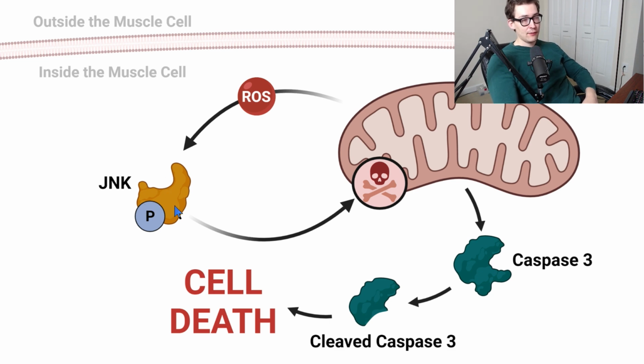And when it's activated, then it leads to a series of other changes within the cell, molecular changes, kind of like what we were talking about with insulin signaling. And this then leads to the mitochondria essentially dying. And this then leads to another protein known as caspase 3 being cleaved.